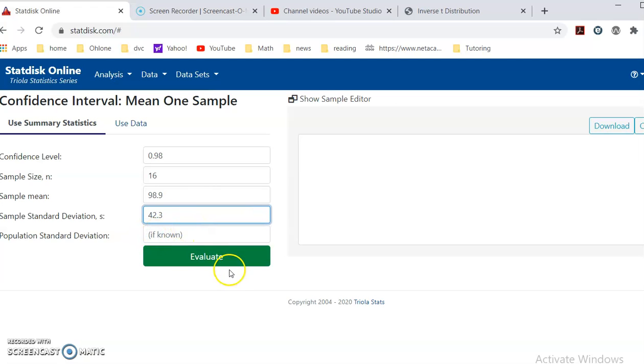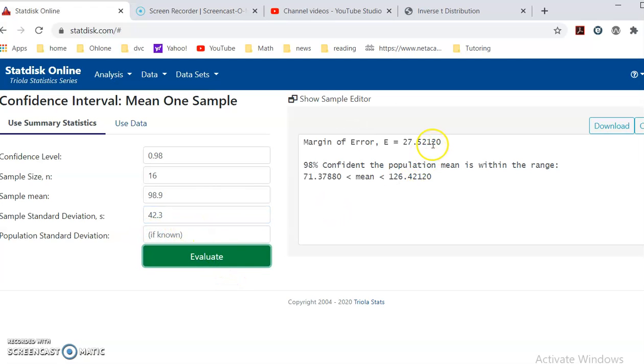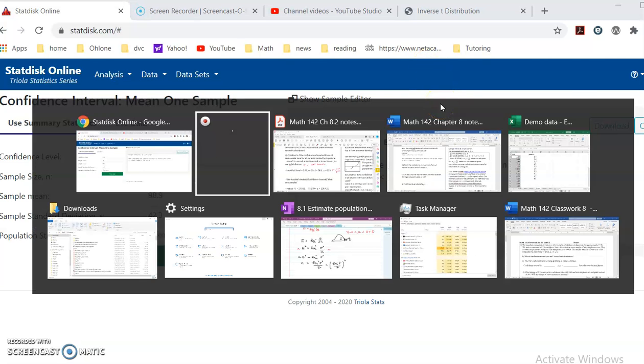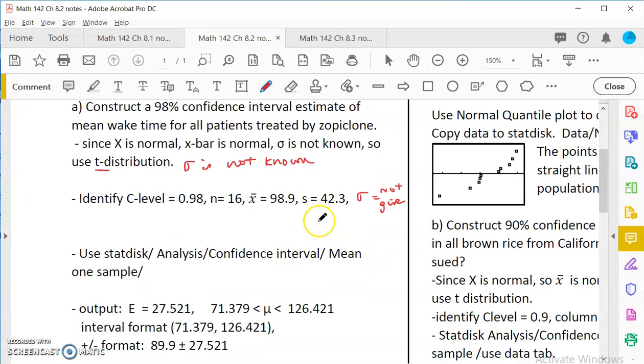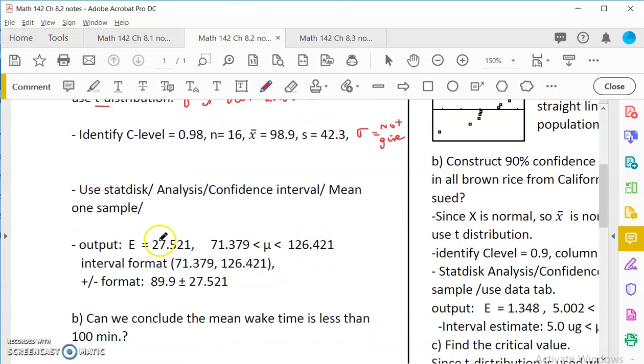And then this you don't put, and then they would use T. So the error is 27.52, and the mean time that you wake up using that prescription is between 71.38 and 126.42. How many decimal places? I think 2 decimals is good enough.